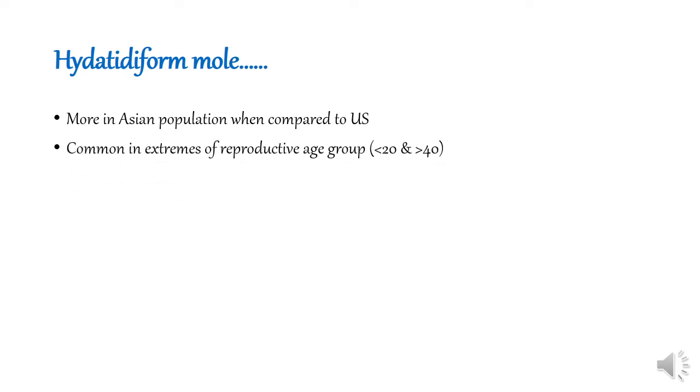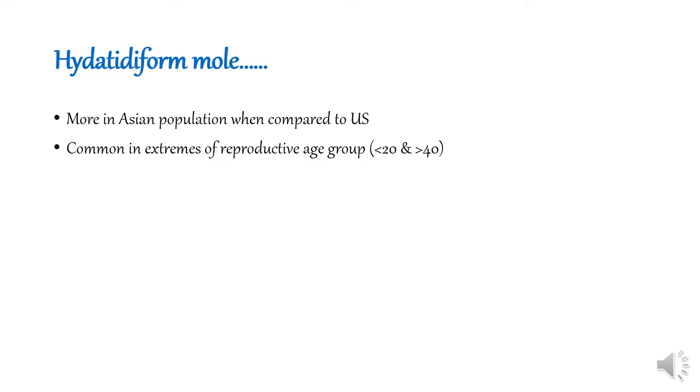Whether it is complete or partial mole, they are more common in the Asian population compared to the US. They are common in lower socioeconomic groups, the reason is unknown, and common in extremes of reproductive age, either less than 20 years or teenage pregnancy, and in case of more than 40 years.